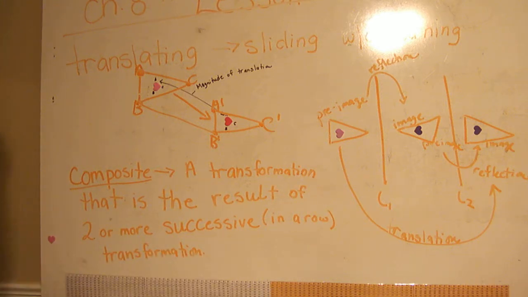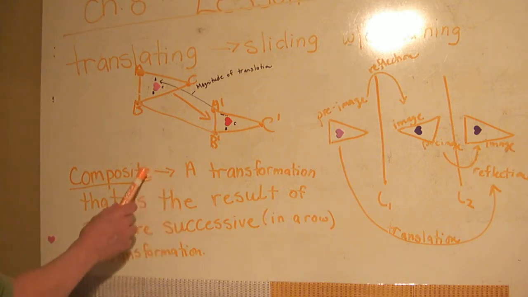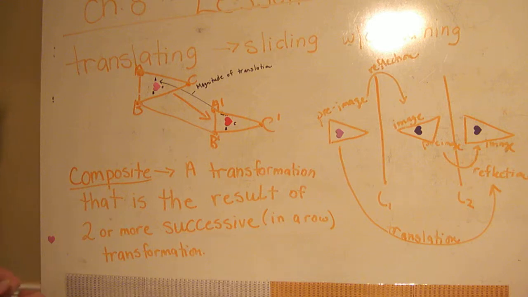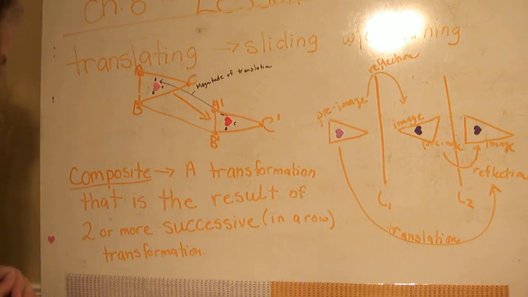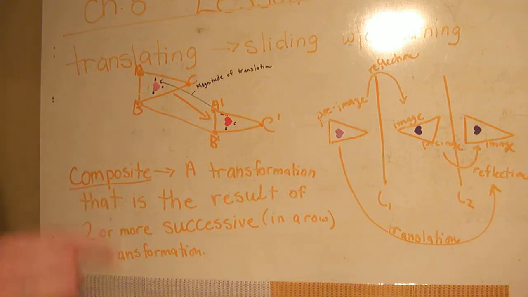A transformation, the definition on page 282, I didn't write this one. A transformation is a translation if and only if it is the composite, remember the composite here, of two successive reflections through parallel lines. And remember also that translations are isometries because they are composites of reflections.